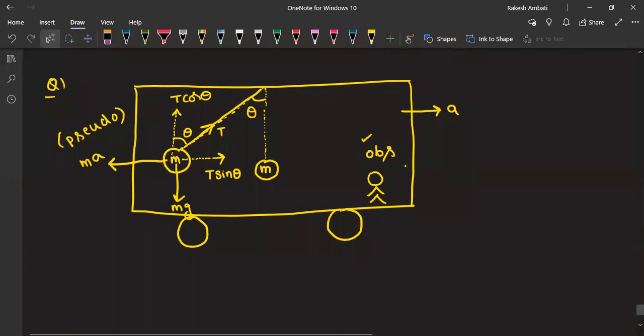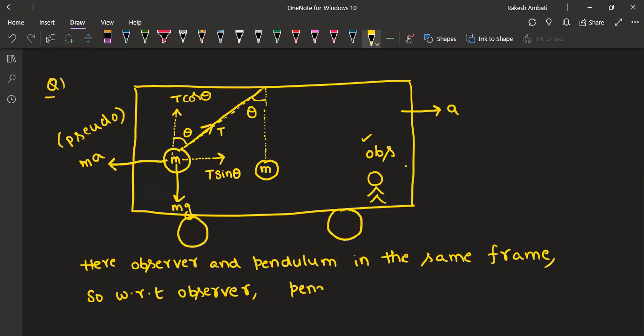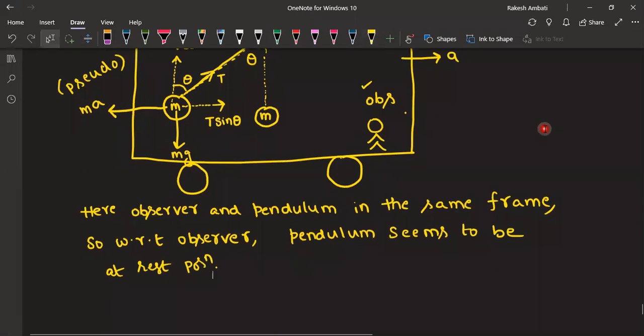So the observer and pendulum are in the same frame, so with respect to the observer, the pendulum seems to be at rest position, which means forces are balanced.